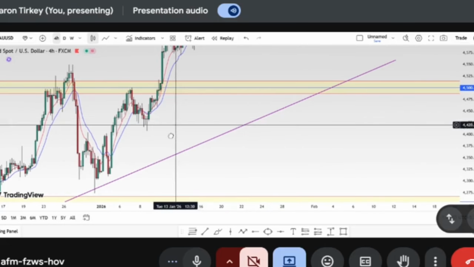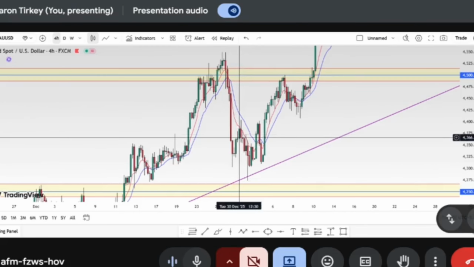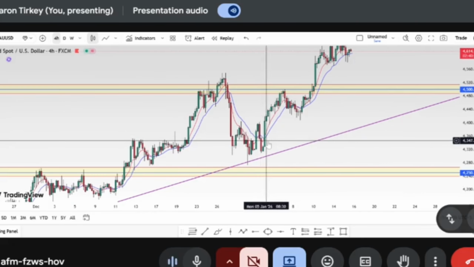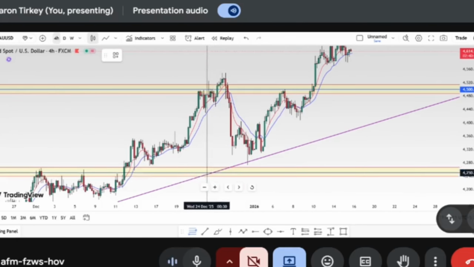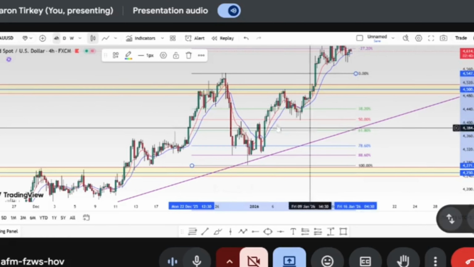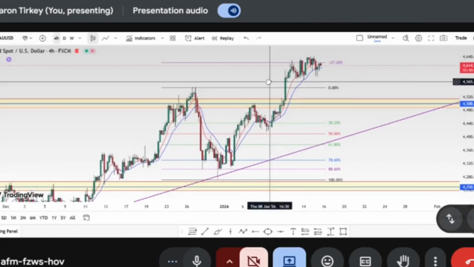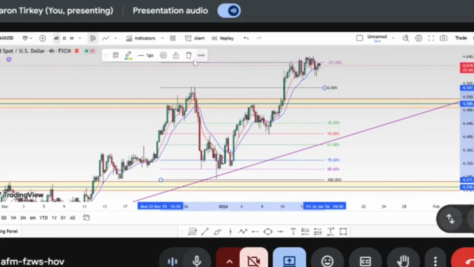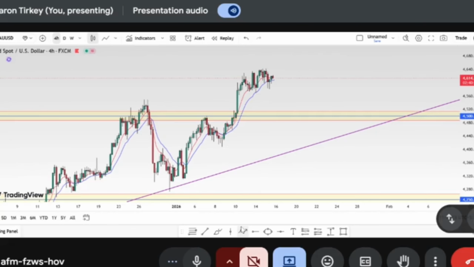Is it clear now? If you see here, in my webinar, it's my previous entry right here. I told everyone our entry will be here at this 50 to 61%, and here our target is hit. Now I am waiting for the price to make a higher low again.